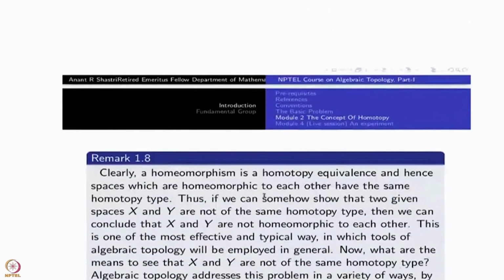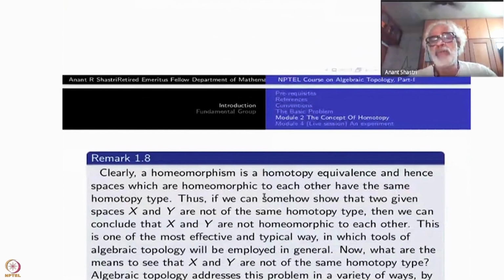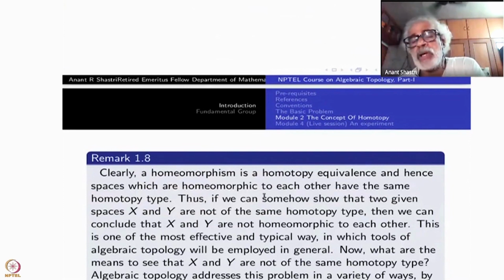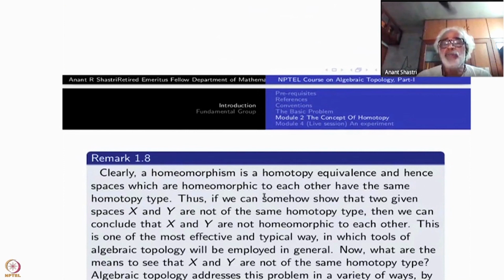A homeomorphism is definitely a homotopy equivalence, because F composite G and G composite F are actually equal to the corresponding identities of the corresponding spaces. So if you have some spaces such that X and Y are not of the same homotopy type, then they cannot be homeomorphic.